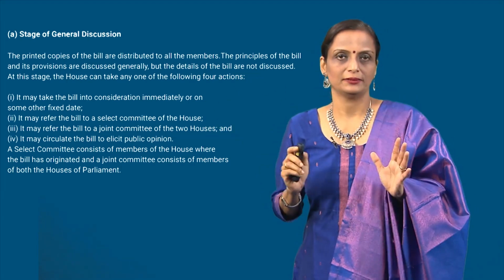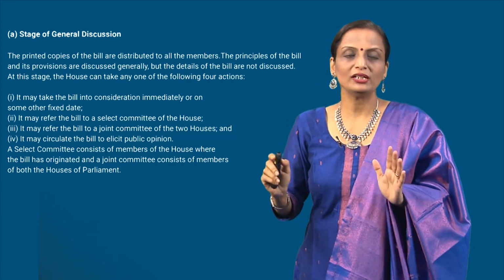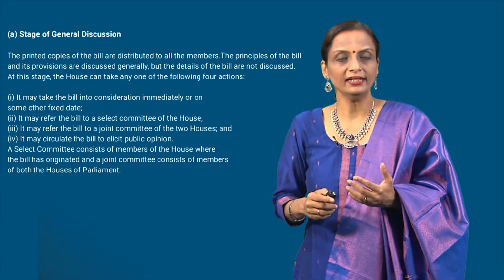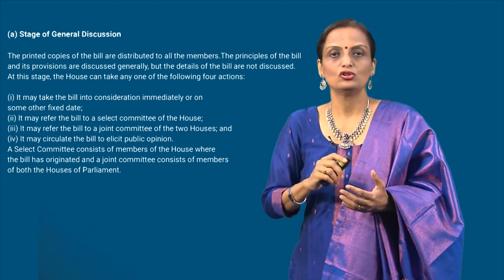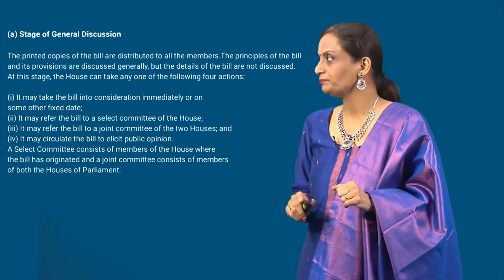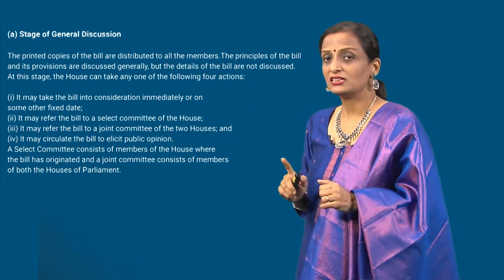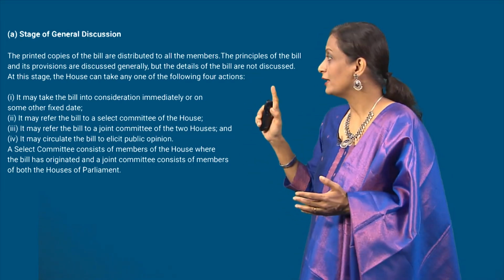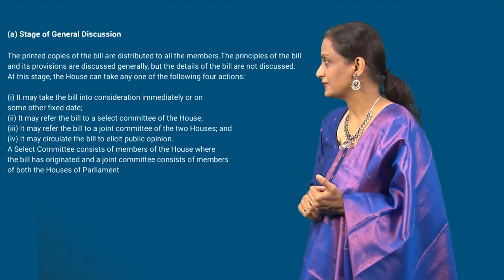Basically, a framework. The framework will be discussed and then it will be presented to the members in the form of a hard copy. At this stage, the House can take any one of 4 courses.